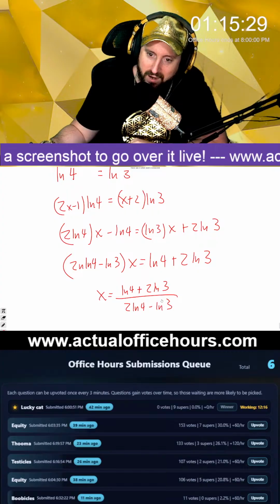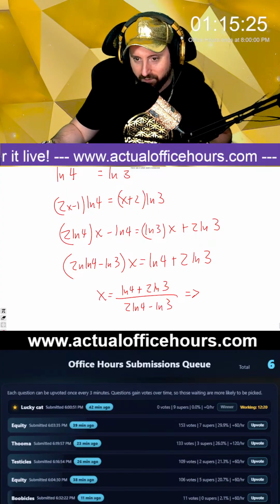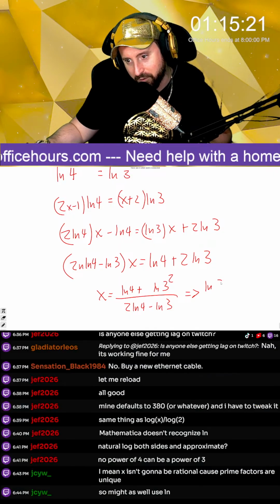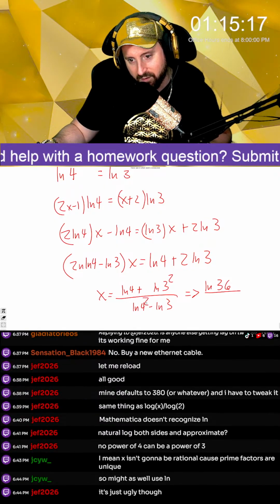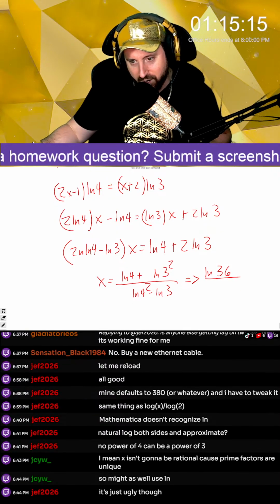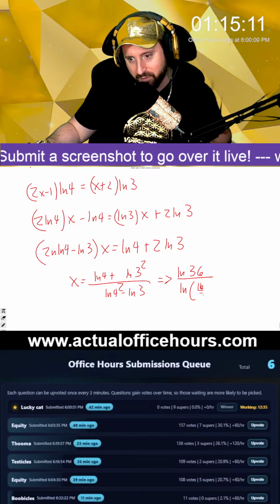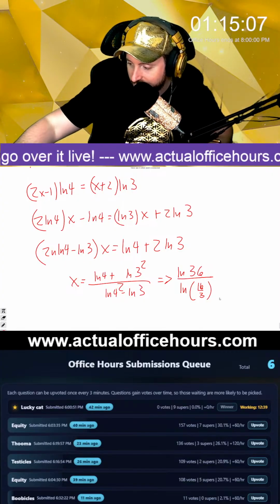I feel like I can combine this though, right? This would be the ln of 36 divided by, and this would be ln of 16 divided by 3. It is just ugly. She's absolutely hideous.